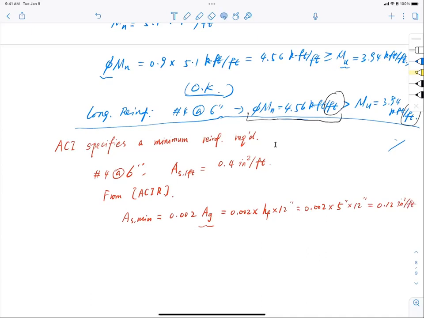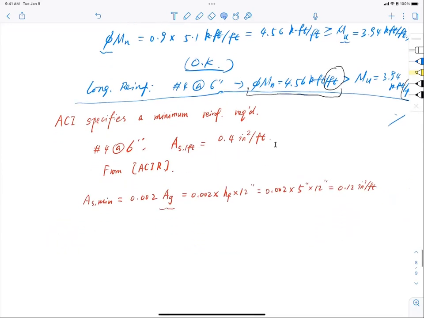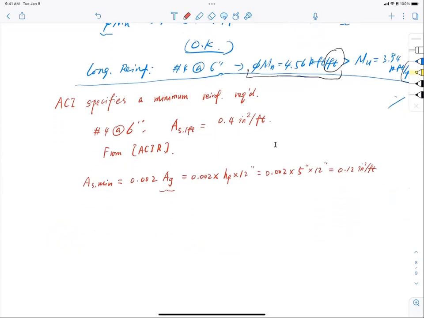Let me just move this a little bit left so we see it better. So that is the requirement, and what we provided, As per foot provided, is equal to 0.4 inch squared per foot, which is much larger than the minimum requirement of 0.12 inch square per foot.